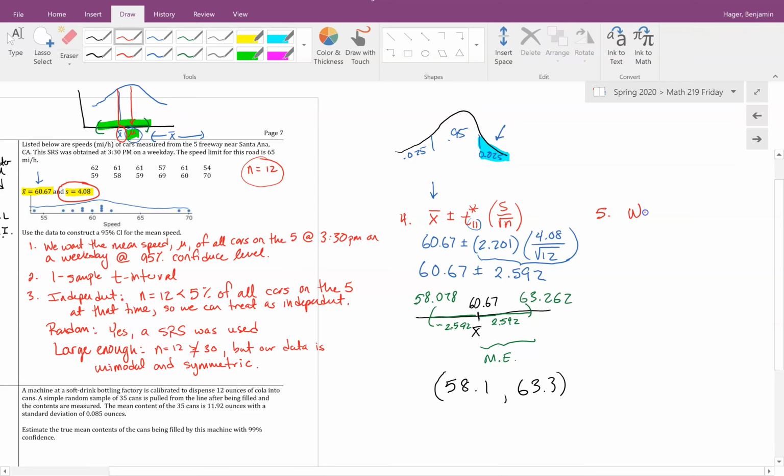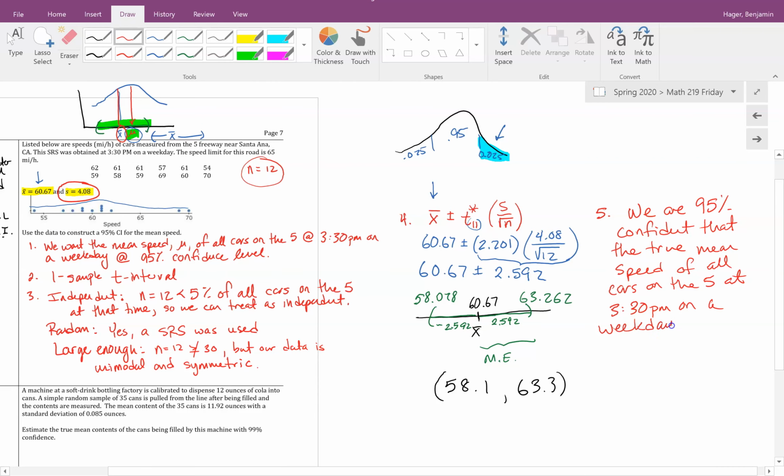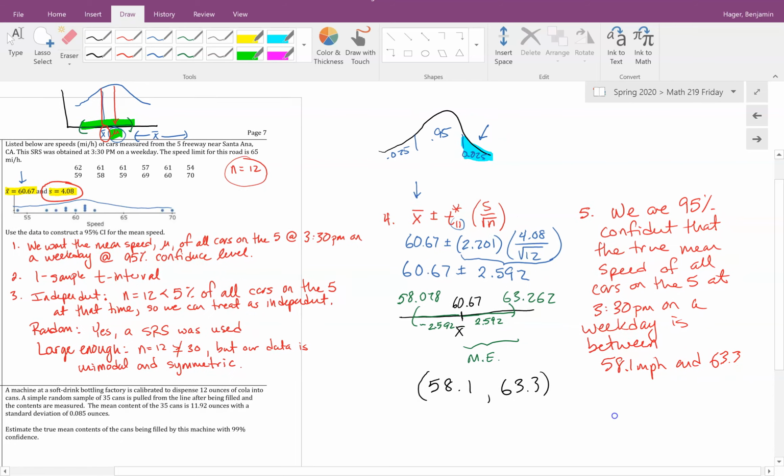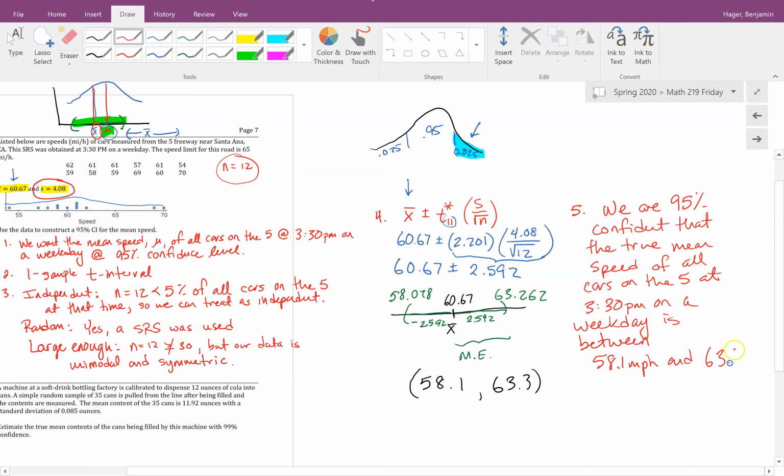And so what we can say is we are 95% confident that the true mean speed of all cars on the 5 freeway at 3:30 p.m. on a weekday is between 58.1 miles per hour and 63.3 miles per hour. Okay, and that is our final statement there.